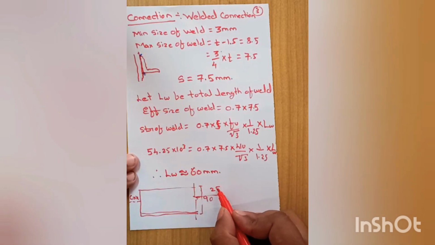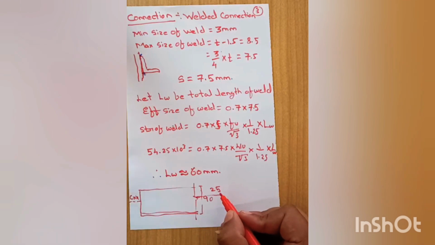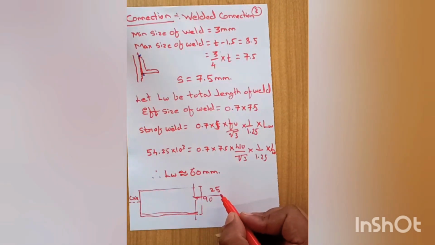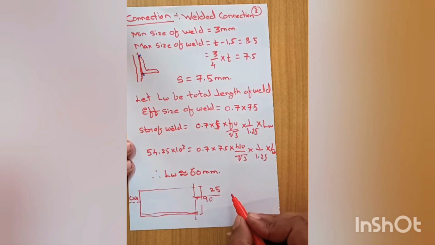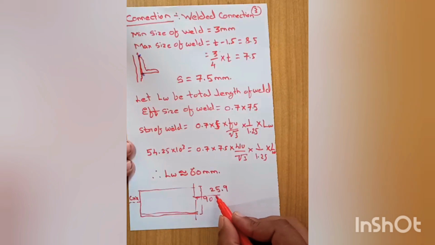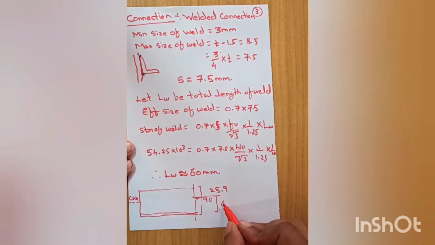CXX was how much? 25.9, and this will become 64.1.